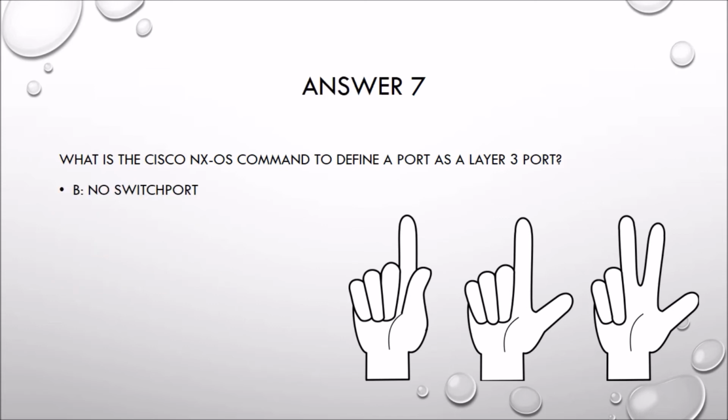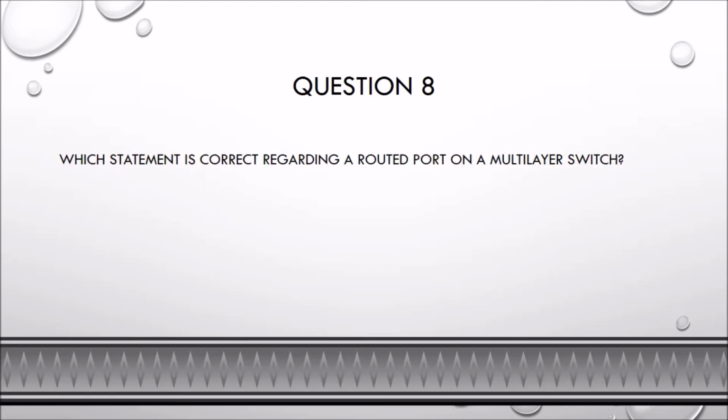So whenever you put in the command no switchport, you're not actually turning layer 3 routing on. To be more accurate, what you're actually doing is turning layer 2 switching off, which then defaults to layer 3.